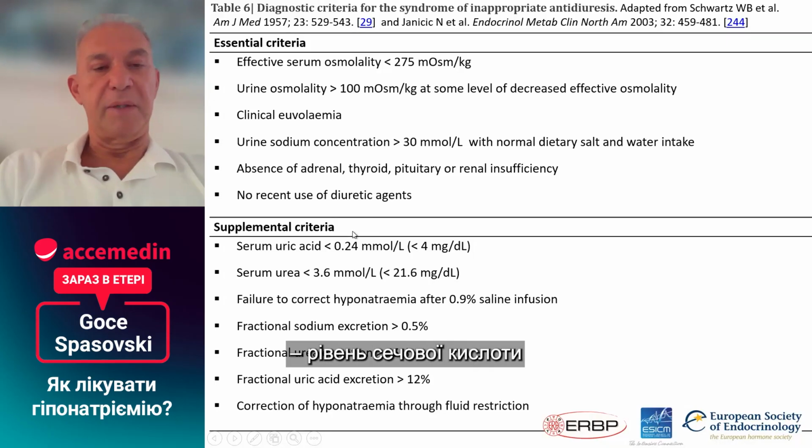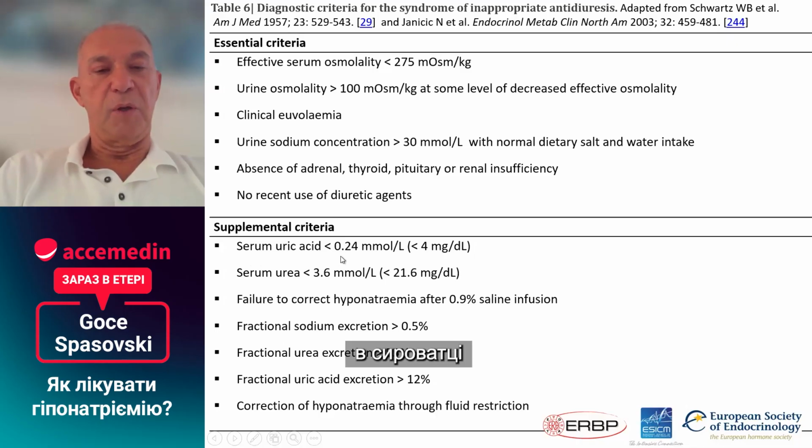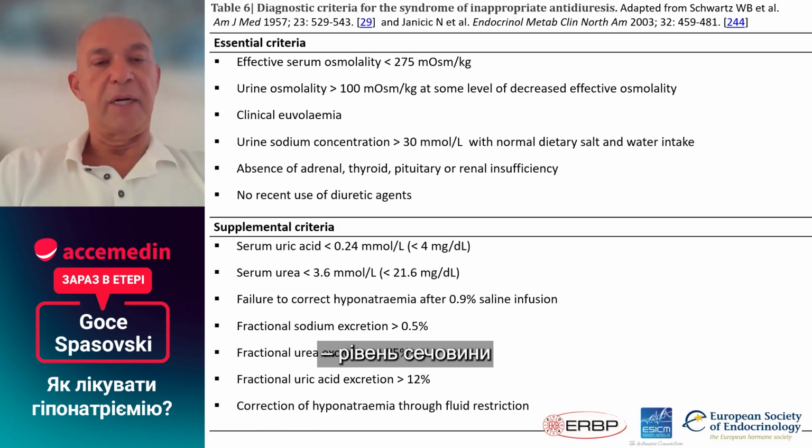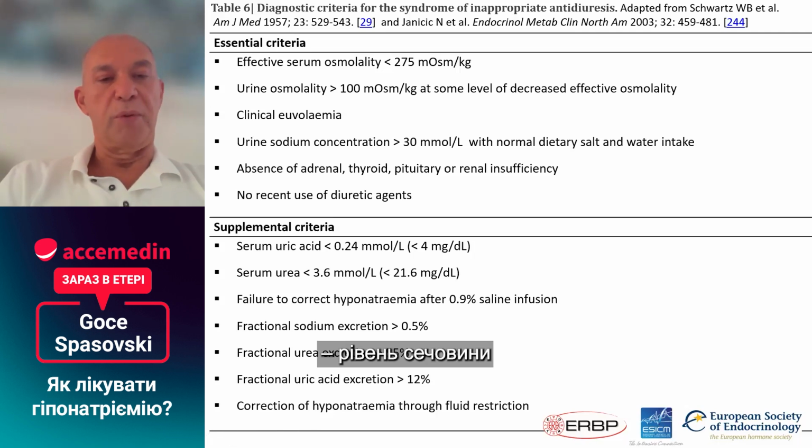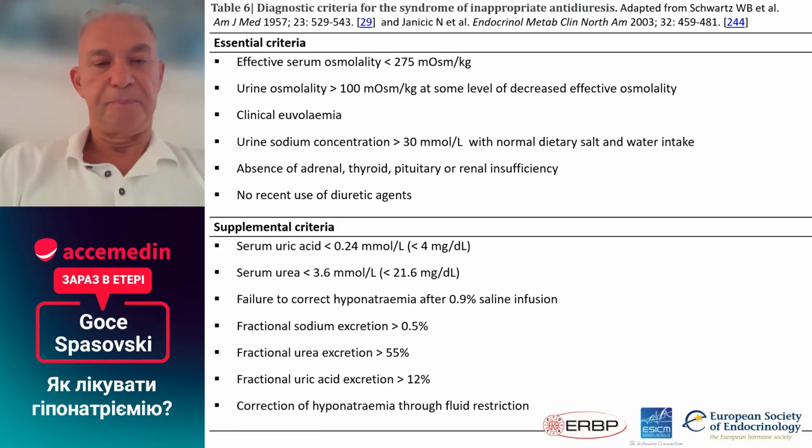Supplemental criteria are serum uric acid below 0.24 millimoles per liter and serum urea below 3.6 millimoles per liter.